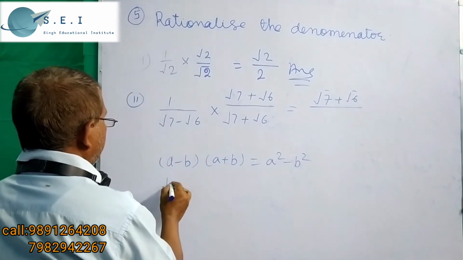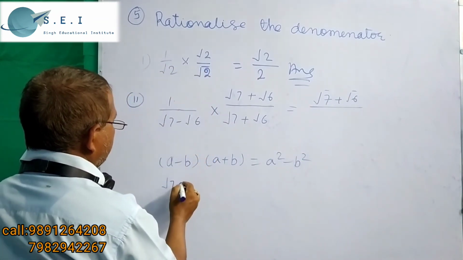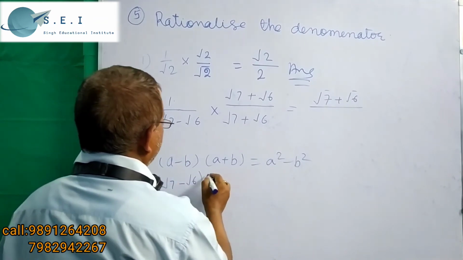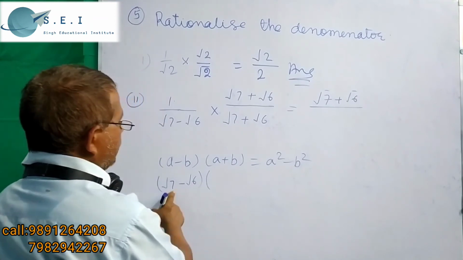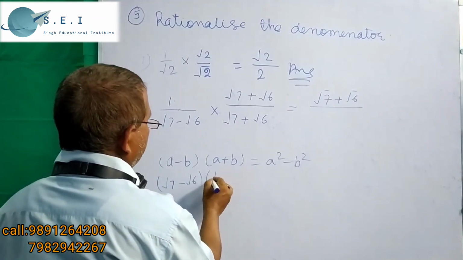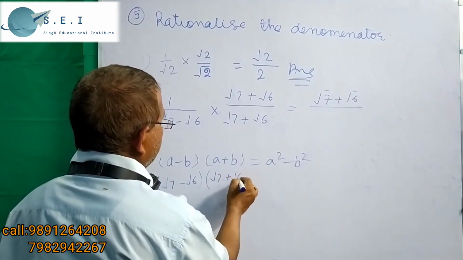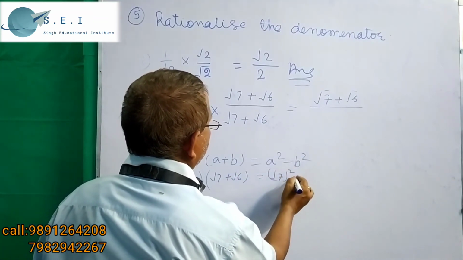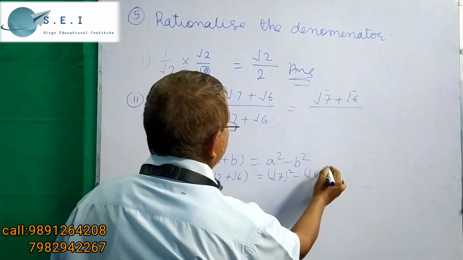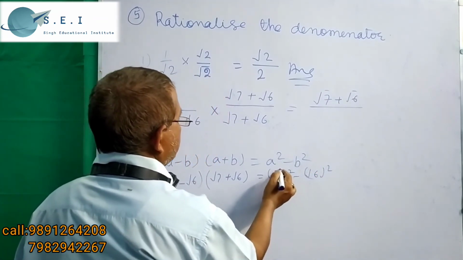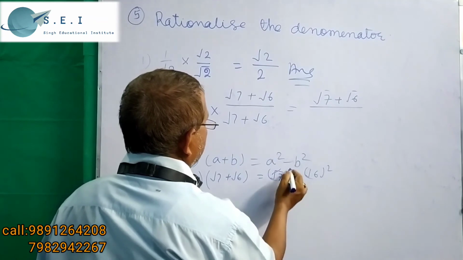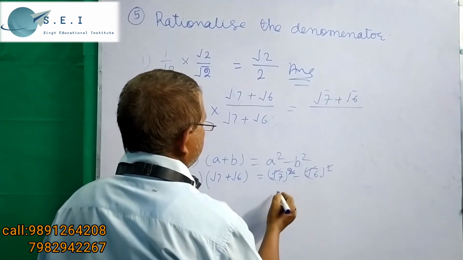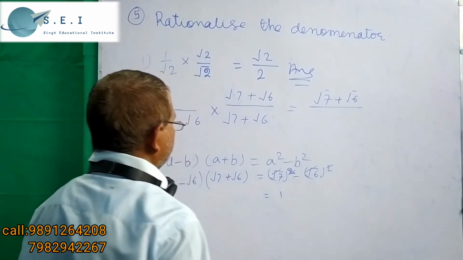We set root under 7 instead of a and root under 6 instead of b. So root under 7 minus root under 6 multiplied by root under 7 plus root under 6 is equal to root under 7 square minus root under 6 square. The square root and square get cancelled with each other, and here is 7 minus 6, which is equal to 1.